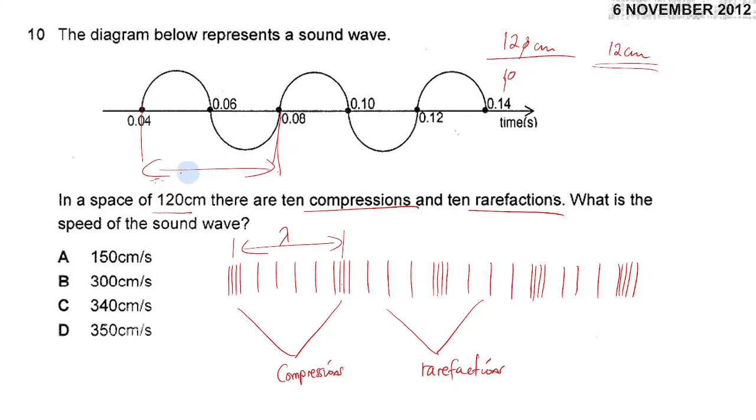So if this distance becomes the wavelength, then the time spent from there to there must be known. From here to there it is 0.08, and here it is 0.12.